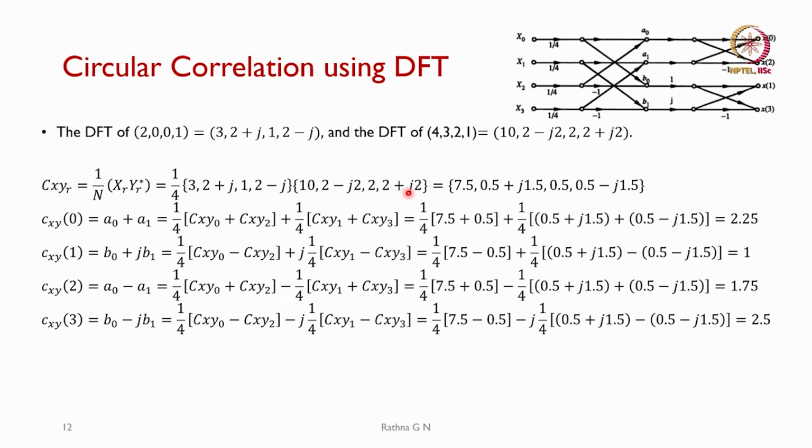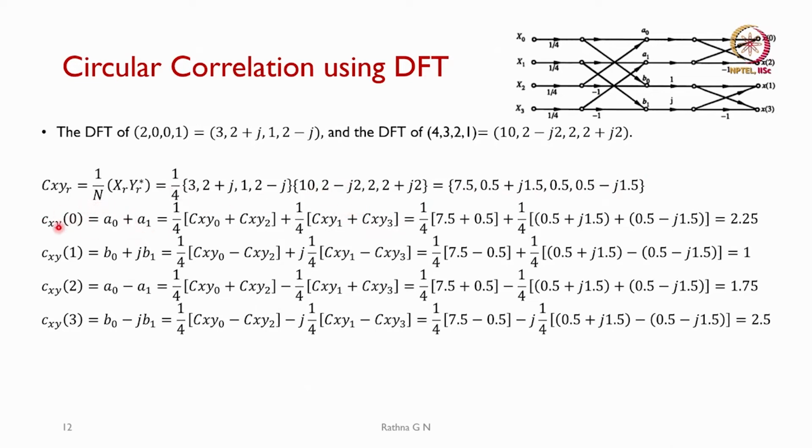When you take the conjugate, this becomes positive and this becomes negative, and then calculate these values. You will see that it is going to be 7.5, 0.5 plus j1.5, 0.5, and 0.5 minus j1.5. So, this is our value for Cxy of r.